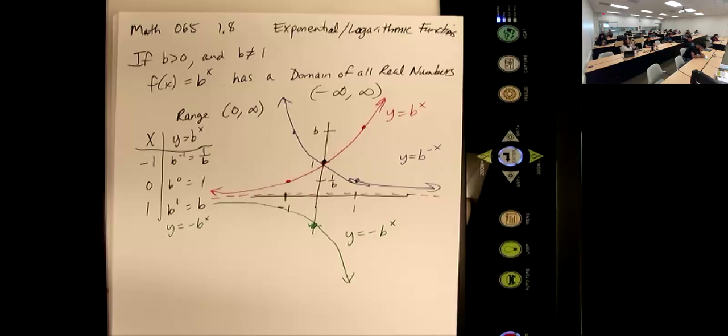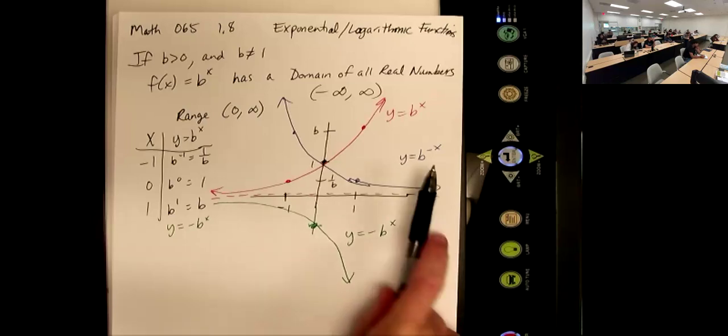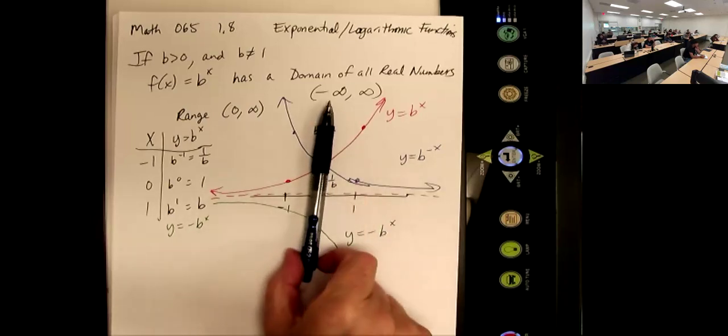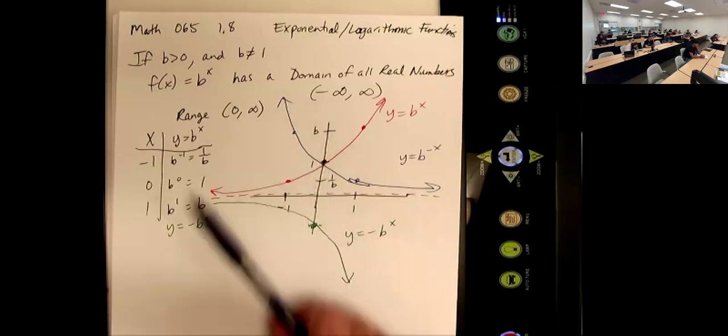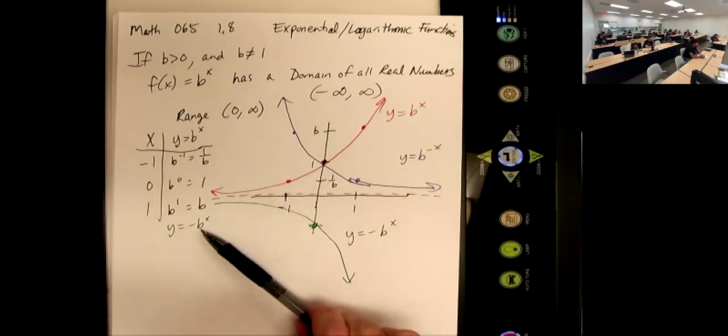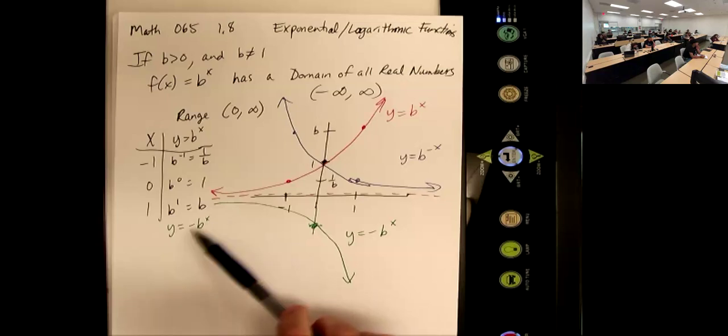So if it's a negative on the value y is equal to, then it's reflected across the x-axis. But if it's a negative on the exponent, it's reflected across the y-axis. If the value is negative, no matter what we do, the answer ends up being negative because this was positive, so it flips it over the x.